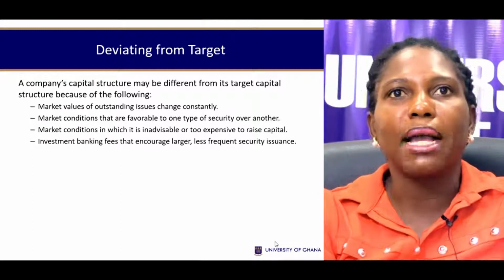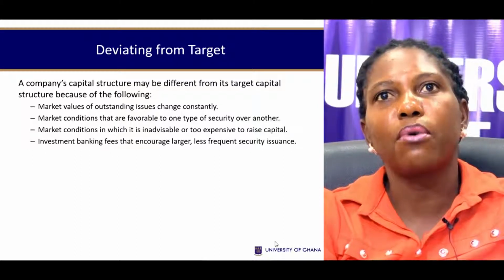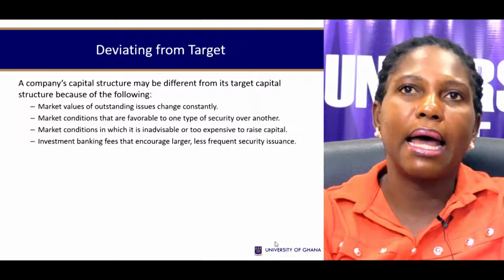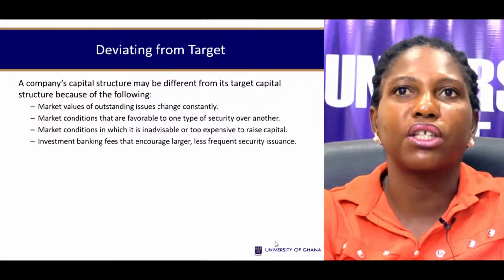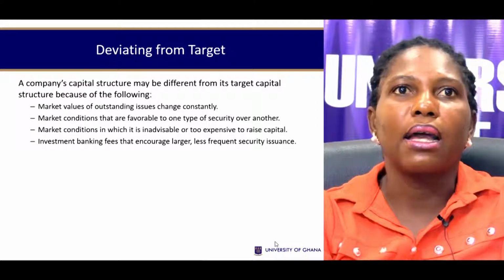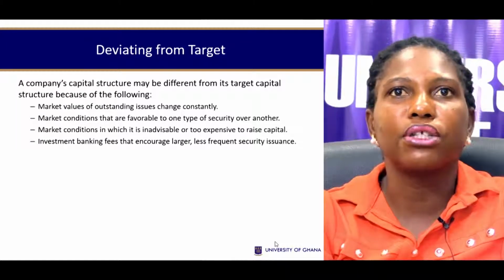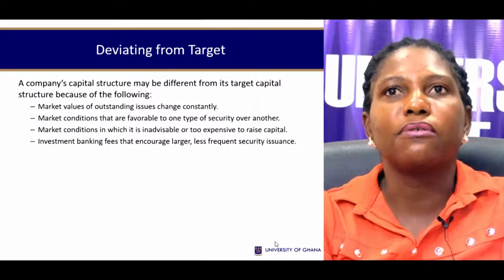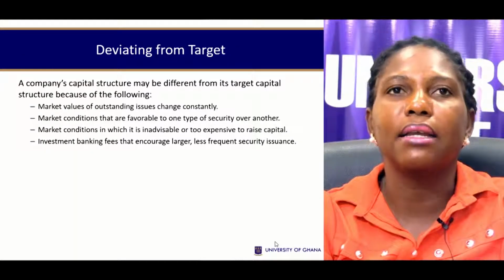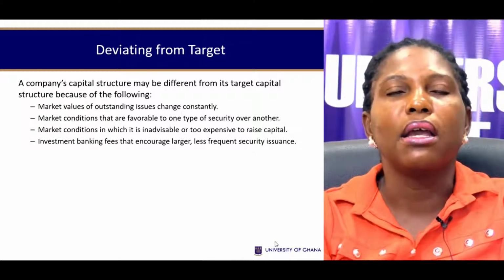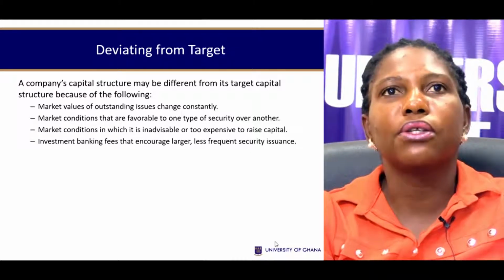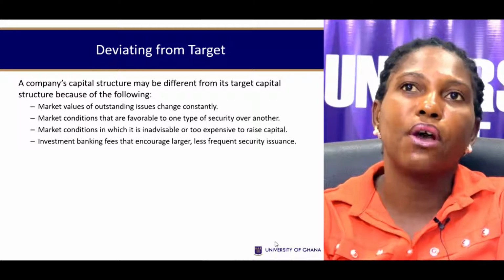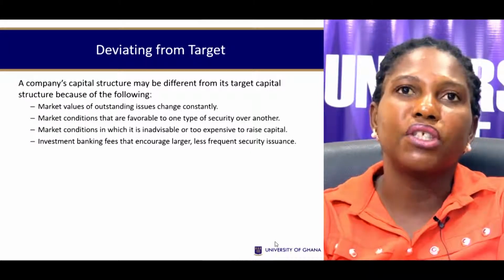Now, sometimes market conditions may be more favorable to one type of security over another, hence aligning the firm's capital structure in that direction. In cases where market conditions make it inadvisable or too expensive to raise capital of a kind, be it debt or equity, you might find companies moving away from the target capital structure because of these challenges.